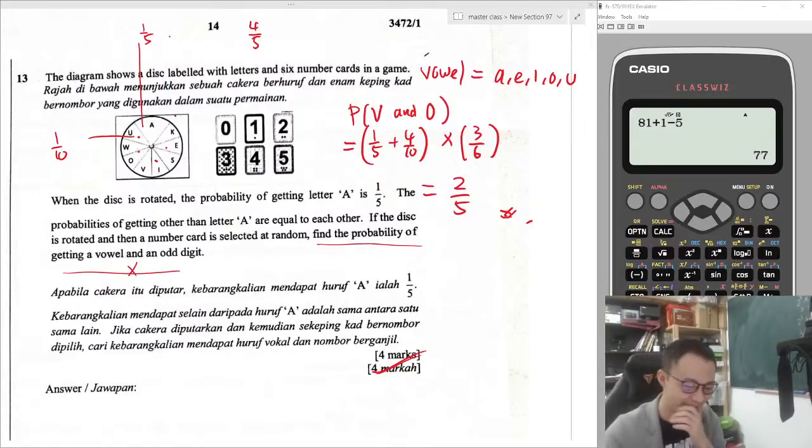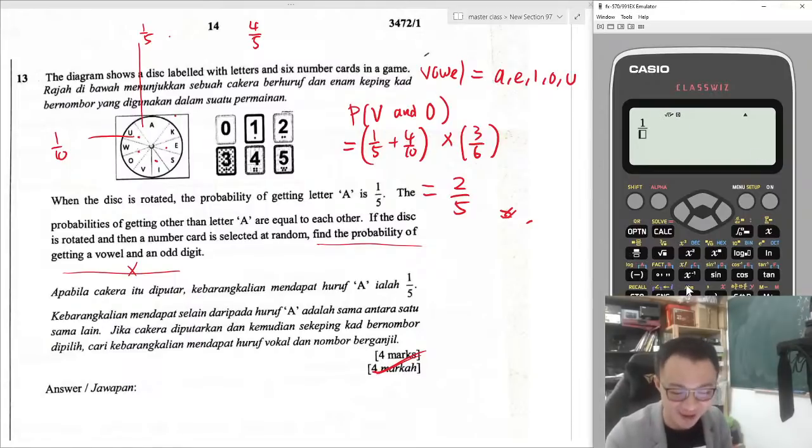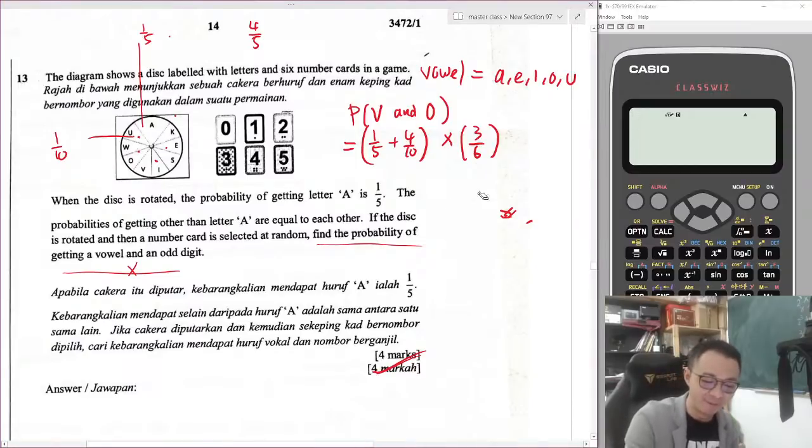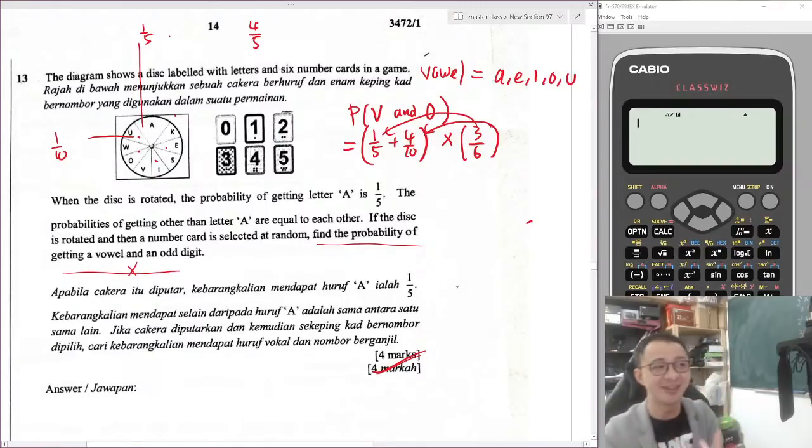I thought maybe you can just add them together, but because you want to choose one letter, then you choose one number, their different probabilities cannot simply be added together. Yes, the marking scheme is correct. So therefore, you need to do them separately. You cannot plus them first.